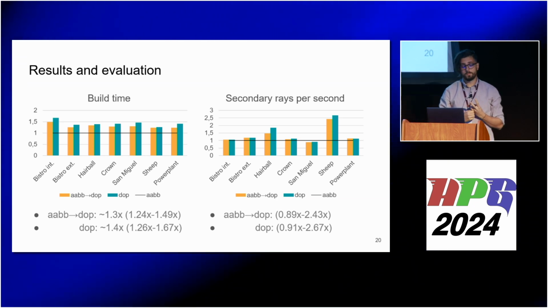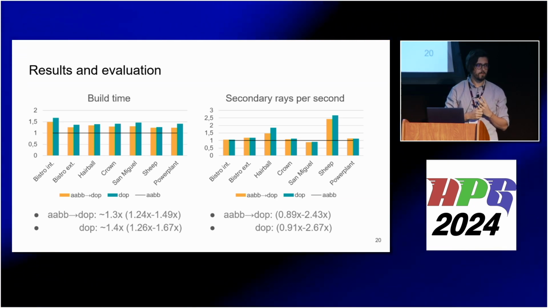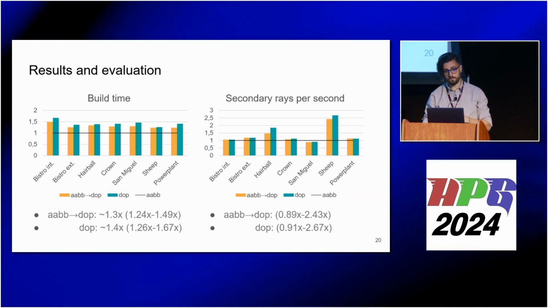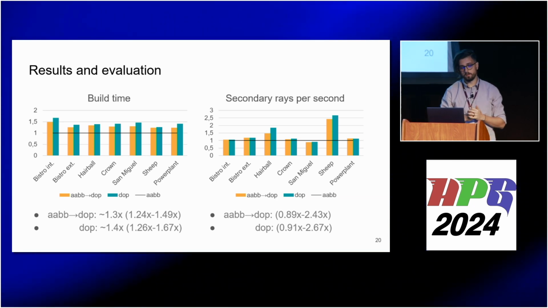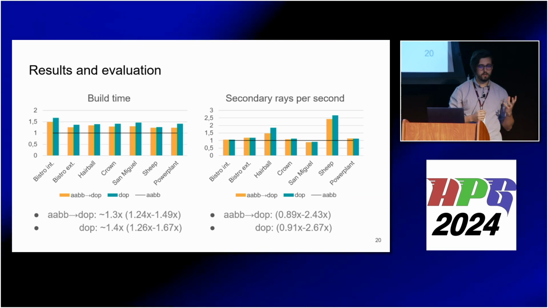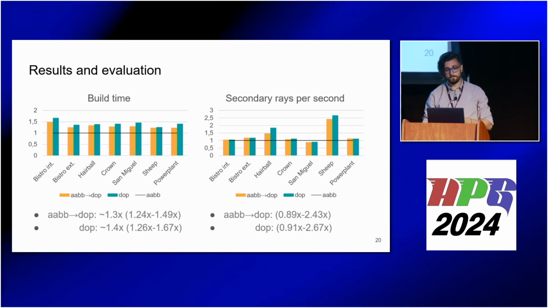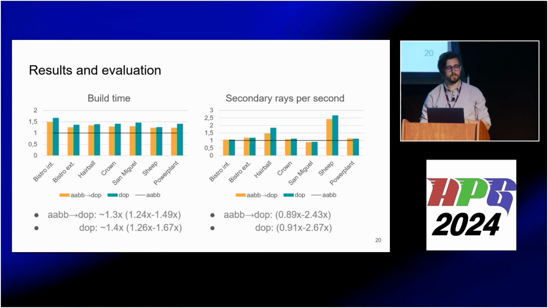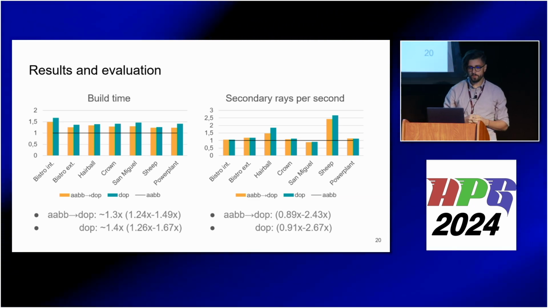However, two scenes where you would probably expect the 14-DOPs to do well are hairball and sheep, which have a hair structure and a fur structure in the scene. In these cases, the k-DOP hierarchies provide a nice speedup on the traversal.